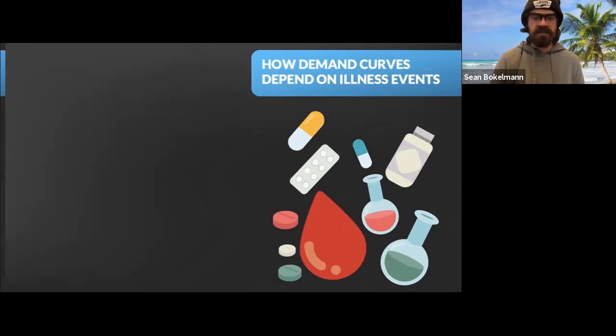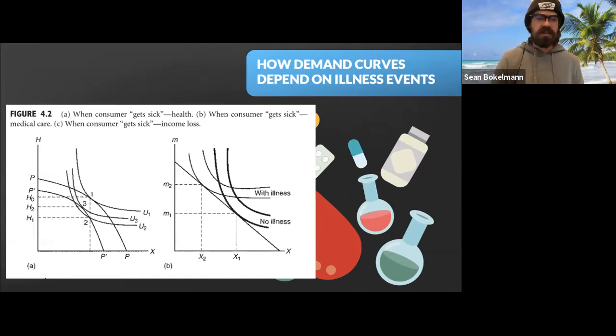Okay, so going back to 4.2, the illness event causes the indifference curves in B to become flatter. And the bigger that loss of health is, the flatter they become. And as they become flatter, the amount of medical care increases. So that's a nice intuitive result, right? Sicker people demand more health care or more medical care.